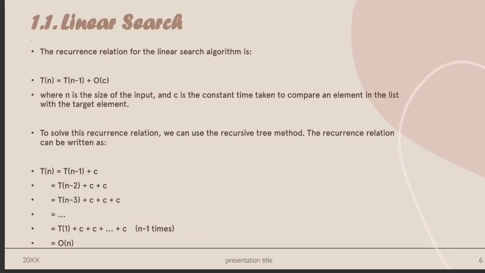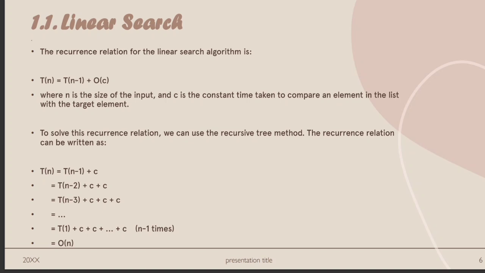Then we can see the recurrence relation for the linear search. The recurrence relation for the linear search algorithm is T(n) equals T(n minus 1) plus O(C), where n is the size of the input and C is the constant time taken to compare an element in the list with the target element.